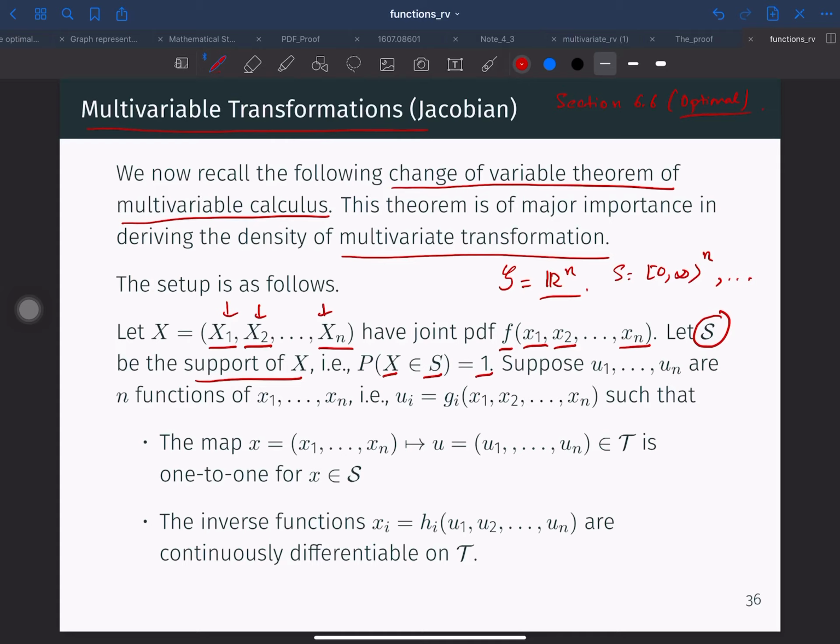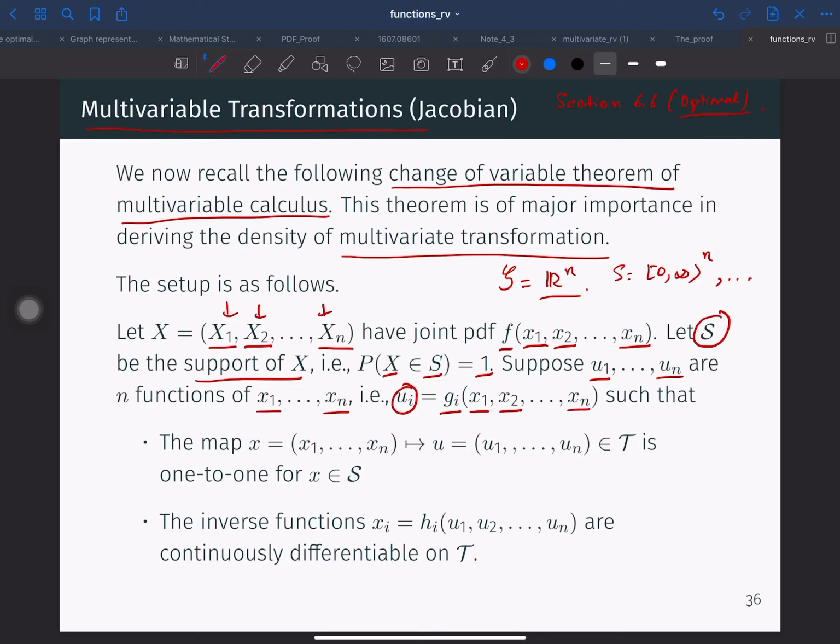Now suppose I have n other random variables, u1 to un, each of which is a function of the xi. So for example, ui is some function gi of the variables x1, x2 up to xn.